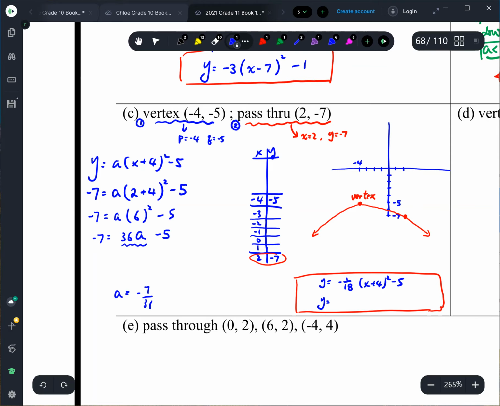Yeah, 36A. So if I move it to the left, it becomes negative 36A. And then you would move the -7 over to the right, so it becomes -12. Oh wait, actually it's 2. Because -7 would be +7, so it'll be 2. So -36A equals 2.